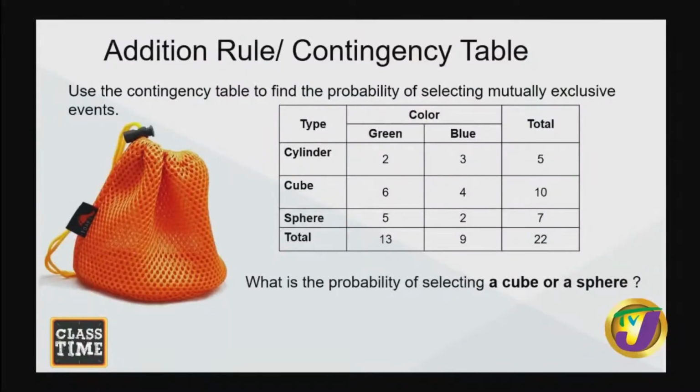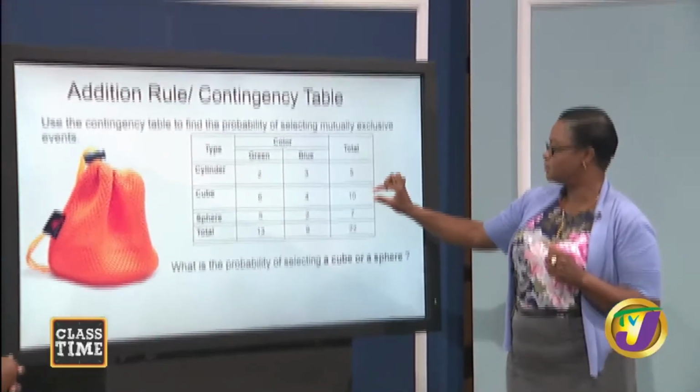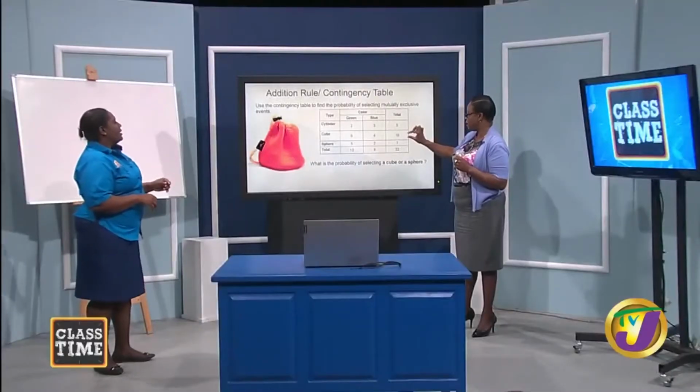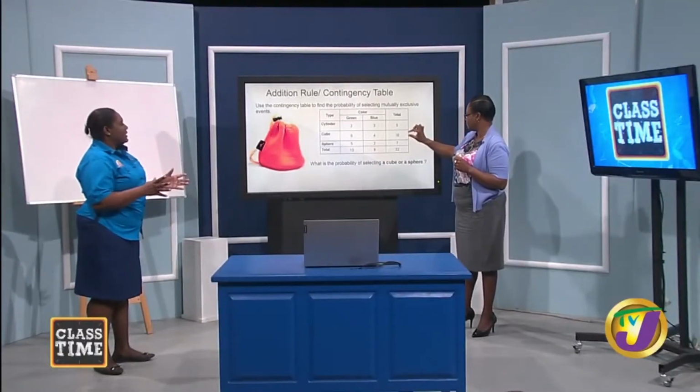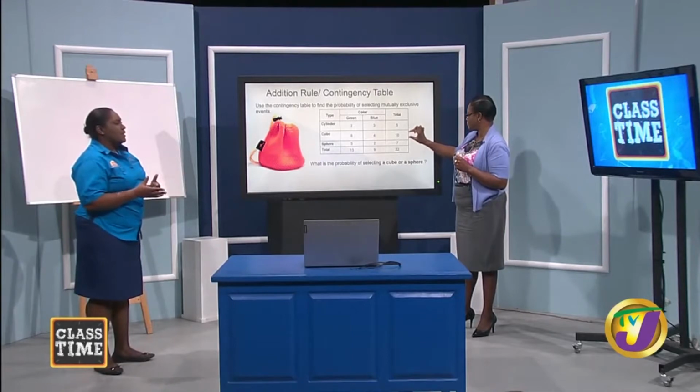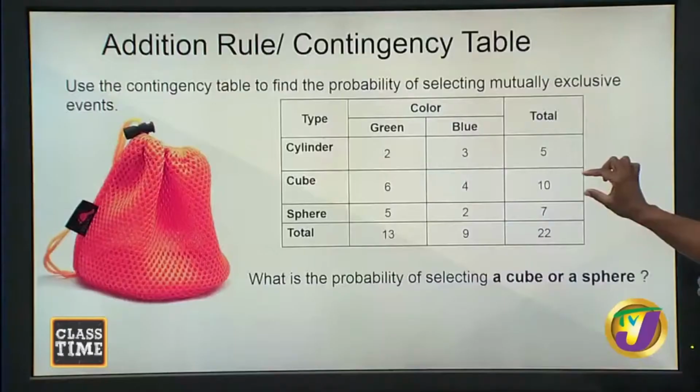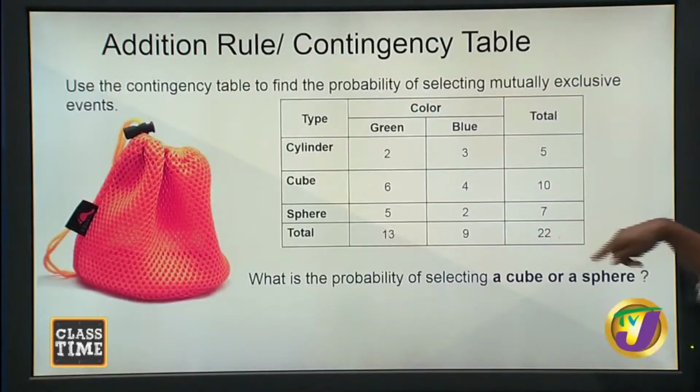We will find the total number of cubes, because it didn't say a green or a blue cube. And that's 10. So what is the probability of selecting a cube? It would be 10 out of the total, which would be 22.